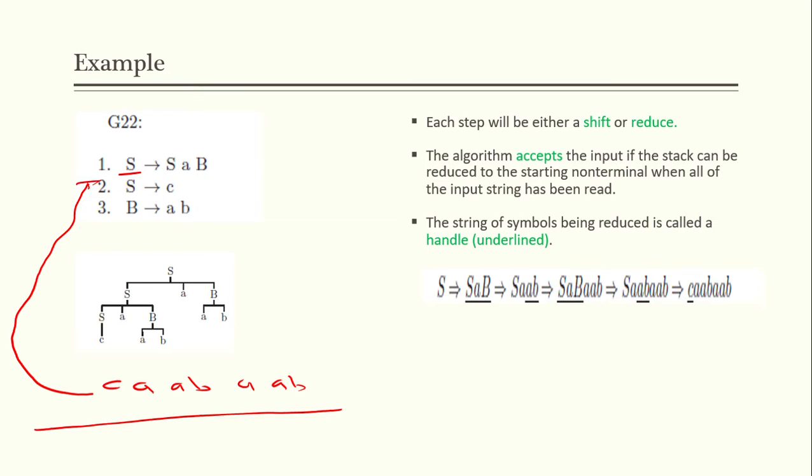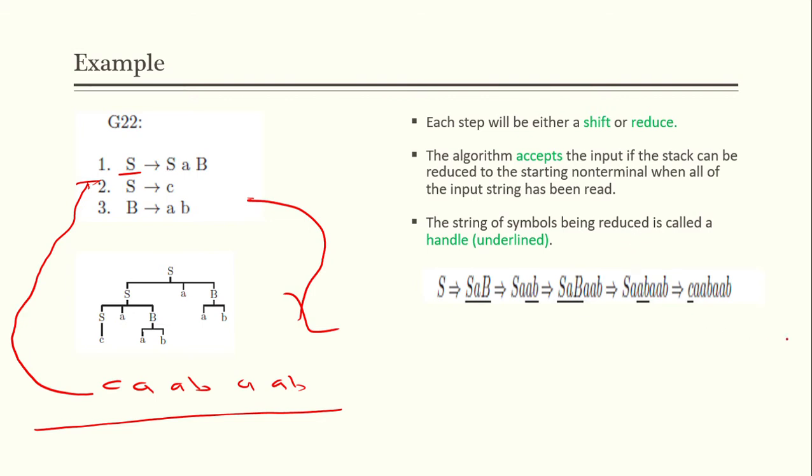While in top-down parsing, normally you start with the grammar and then derive the input string. Let's see this example. The string of symbols being reduced, which is the string used to reduce, is called a handle, which is underlined here.